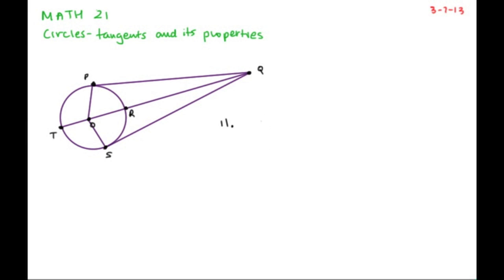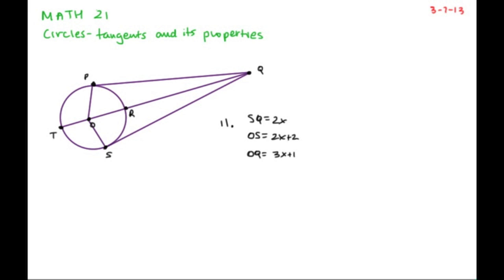And it tells us that SQ is equal to 2x, OS is equal to 2x plus 2, and OQ is equal to 3x plus 1. And they tell you, first of all, what is x?